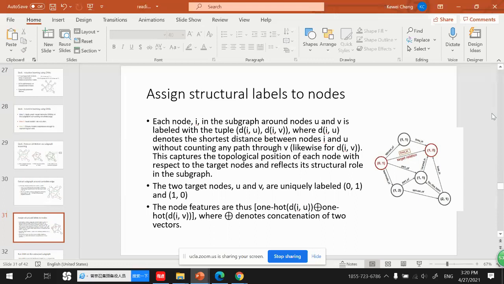Then we get the embedding for that new node with respect to the first node in the target relation. Similarly, we get another embedding with respect to the second node. That embedding captures more information, so it will probably be more effective than just the shortest distance and this one hot representation.